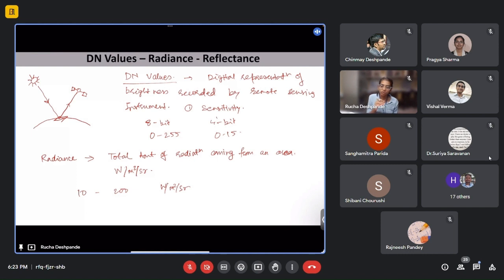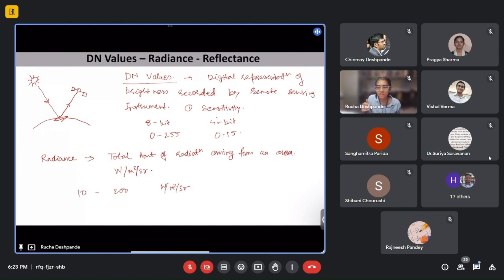So to account for those factors, we convert the radiance into reflectance. Reflectance is a ratio of the total amount of energy received by the surface and that reflected by the surface. So in that case, it does not depend on the illumination conditions.